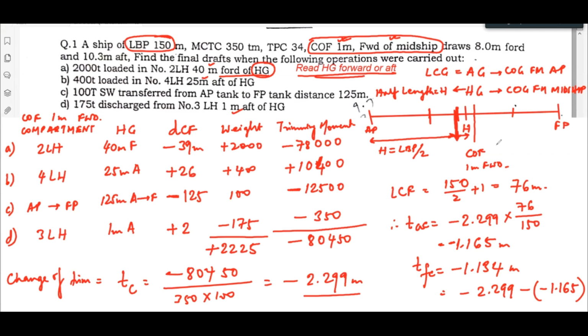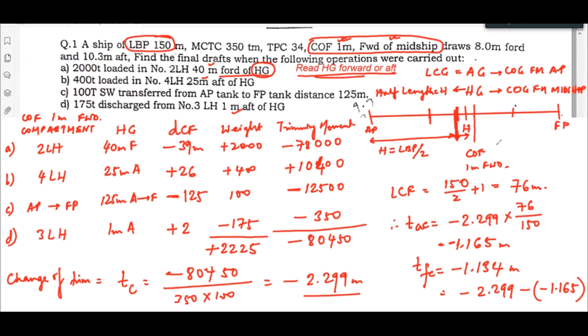Sir, we consider LCF is equal to LBP by 2 in all conditions. No. क्यों? Midship is equal to LBP by 2. और मिडशिप से सेंटर ऑफ फ्लोटेशन जहाँ पे होगा वो हम वहां से कैलकुलेट कर लेंगे प्लस माइनस. Yes. वो LCF होगा, right?